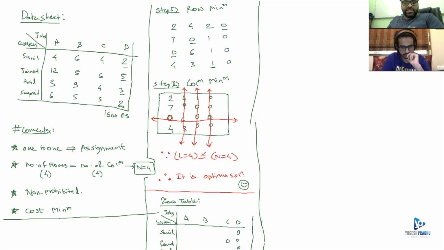Then 3 zeros. Then second column, second row, and first column, third row.